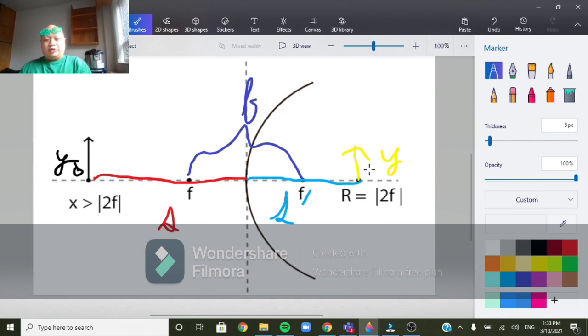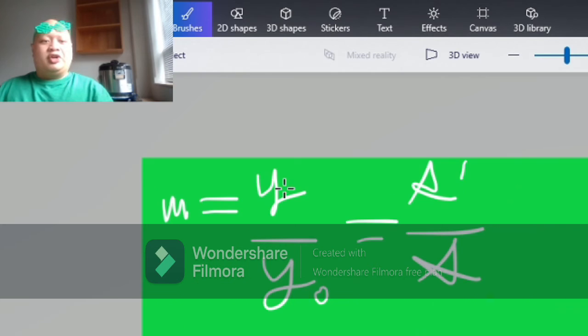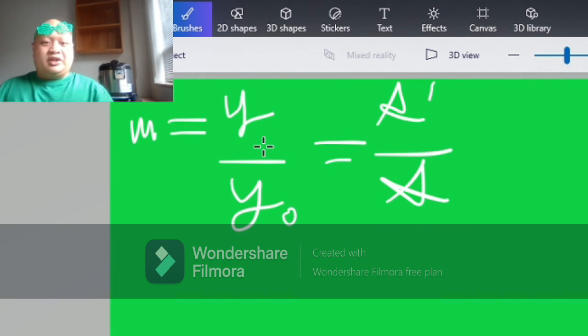So for part C, we are looking for the magnification of this whole thing. So if you remember from the magnification equation, m is equal to y prime over y, and if we remember the proportionality of the two, y prime over y is equal to s prime over s. So m can equal s prime over s. But to make this easier, we'll make it s prime times 1 over s.